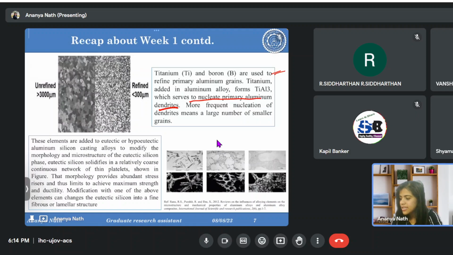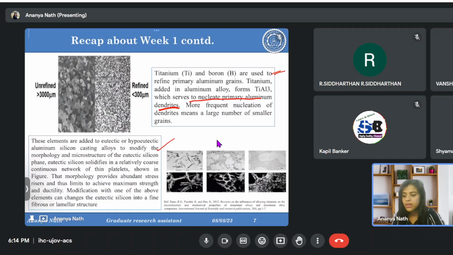The next is this one. Different types of silicon were mixed in this particular alloy to enhance the microstructural properties, to get some properties which are needed for specific applications. So here you can see for different silicon percentages, the microstructure arrangement is changing.